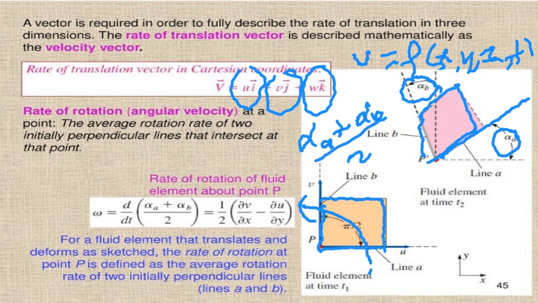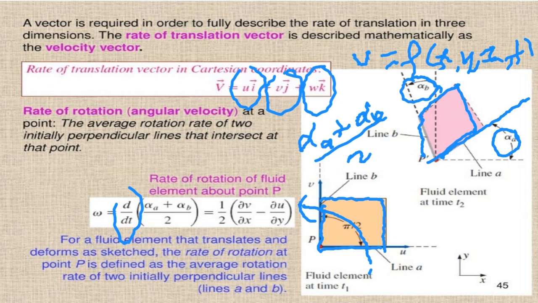So this is the rotation of the fluid particle. If you take it per unit time, then the time rate of change of this average angular displacement is d over dt of the average rotation.